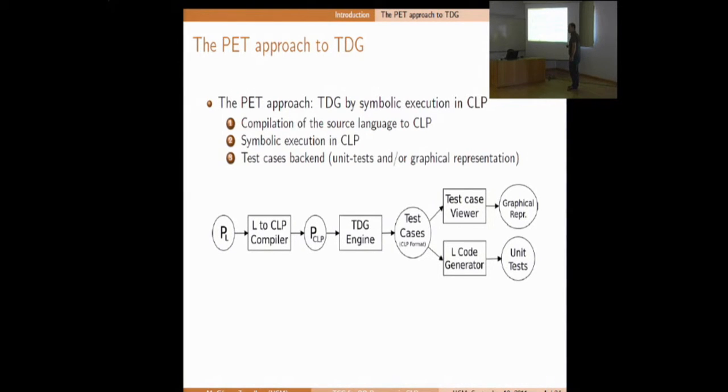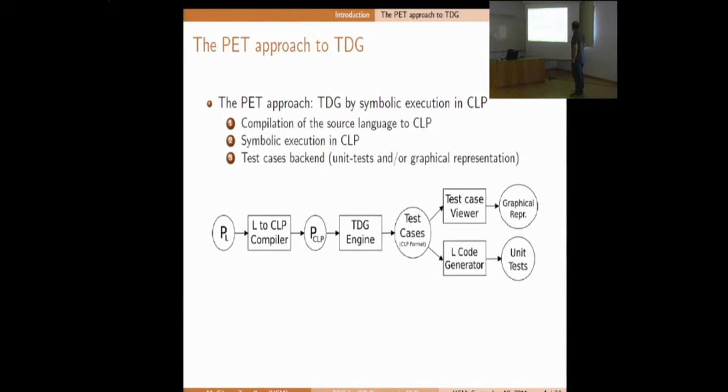This is the core of the scheme, and then you get the test cases in some CLP format, and now you can basically do 2 things. You can either have a viewer so that you get a graphical representation, or you can try to generate actual code, and then you get unit tests. In the particular case of Java, that would be JUnit tests.